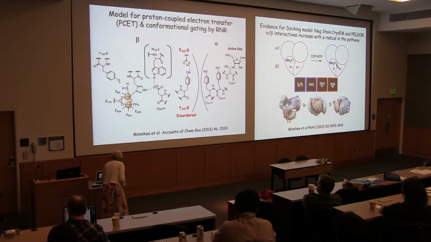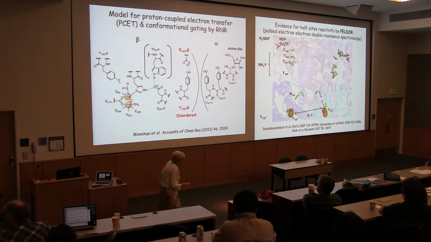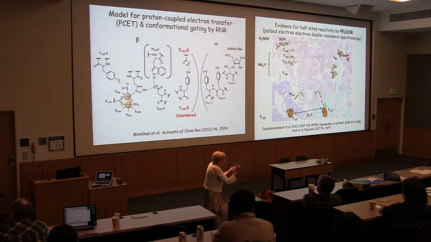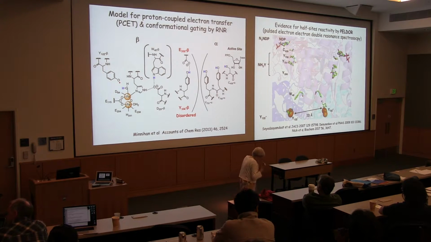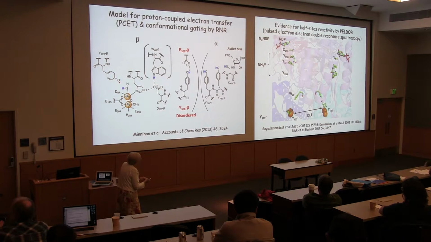If you use Peldor, I understand you talked about this, pulsed electron double resonance methods, that allows you to measure distances between two radical species, tyrosyl radical and another radical we're going to generate there, that have weak dipolar interactions. And so the idea was you can measure this distance. On this side, we're going to replace this tyrosine with aminotyrosine.